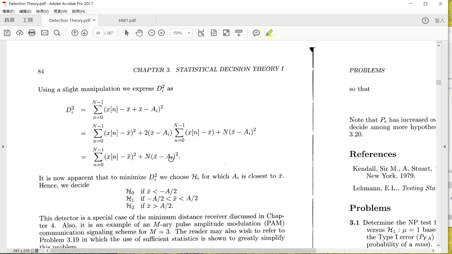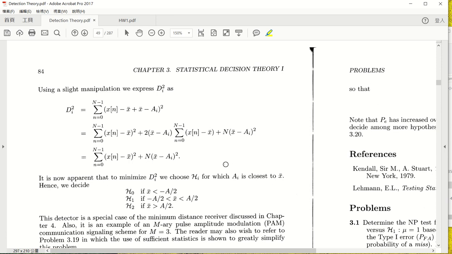Eventually, we get something like this. So now it is apparent that to minimize this, we choose the i for which Ai is closest to X bar. Therefore, we will decide based on X bar. Let me just clarify, X bar means sample mean.